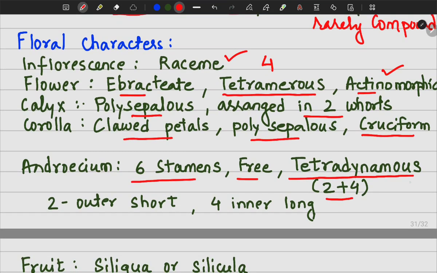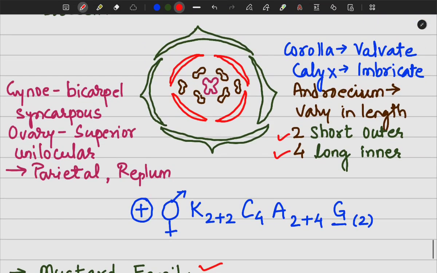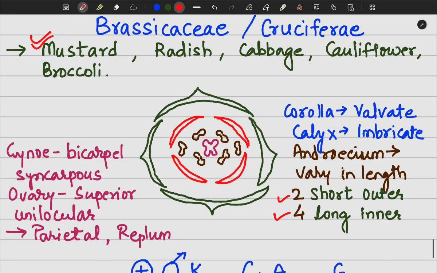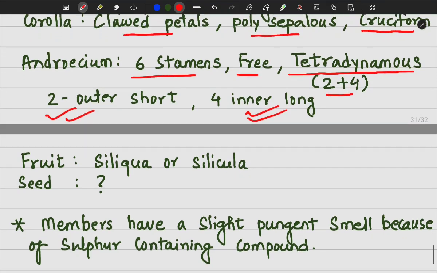So please remember this term, it is very important. Tetradynamous, 2 plus 4, total of 6 stamens, out of which 2 are outer and short and 4 are inner and long stamens. I hope this is clear. And the gynoecium we already studied in the last lecture. If you have not gone through it, please go through the last lecture and learn about all these terms. So this completes the floral character.